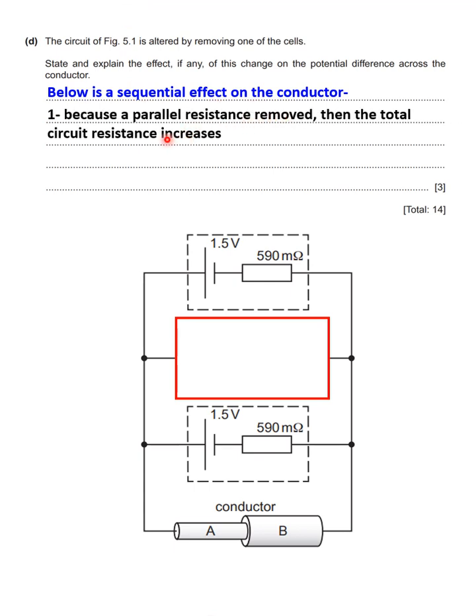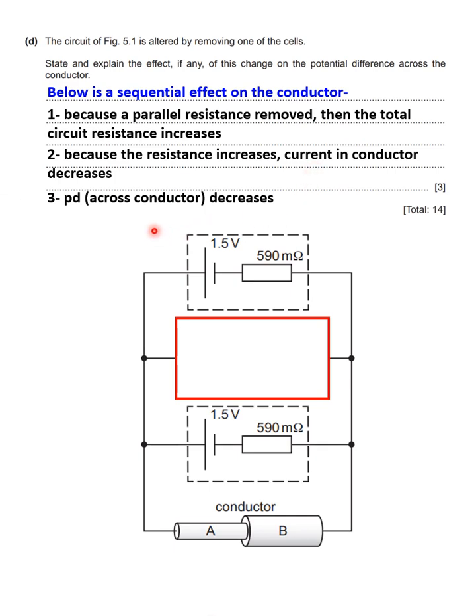The first one, because a parallel resistance was removed, the total circuit resistance increases because it's in parallel. The second one, because the resistance increases, talking about the total resistance, the current in the conductor decreases.